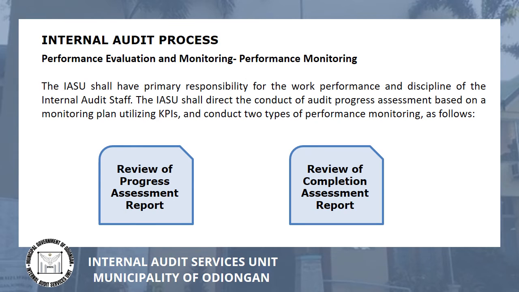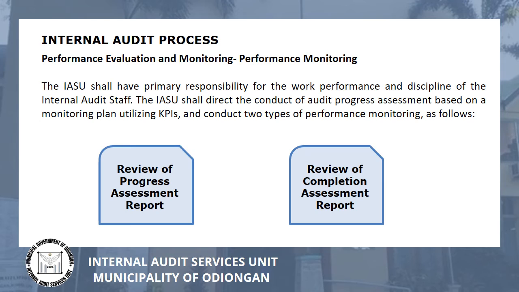So, the review of completion assessment report. The completion report focuses on the overall effectiveness and efficiency of the IAS in accordance with DBM rules and regulations and agency policies and standards. Findings and recommendations are based on facts and substantial evidence and in compliance with relevant laws, rules, and regulations, and application of internal auditing standards pursuant to DBM rules and regulations.